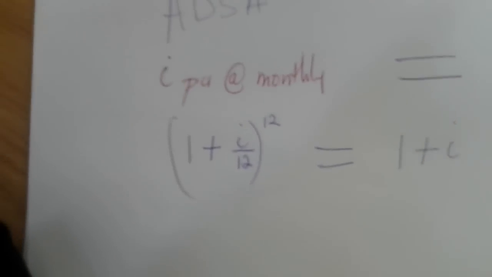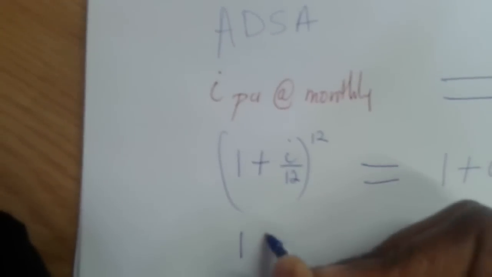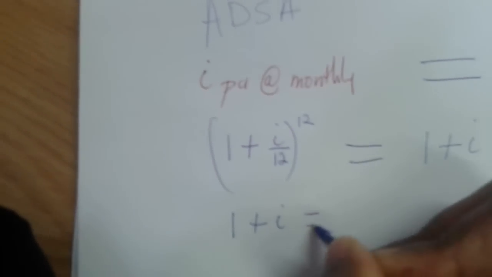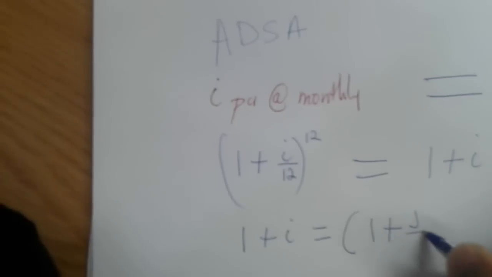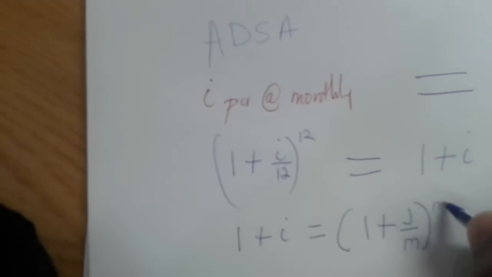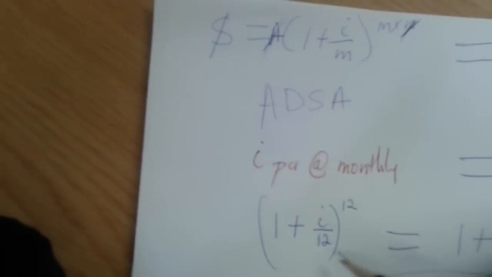So the way it's written in our notes, it is 1 plus I is equal to, open bracket, 1 plus J over M to the power of M. Of course you know that, as you can see, this is exactly the same as that, and of course the opposite is true.